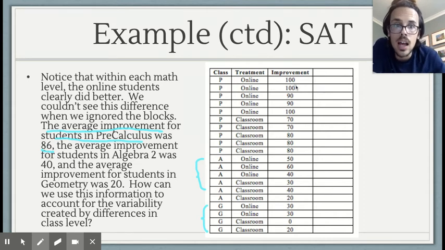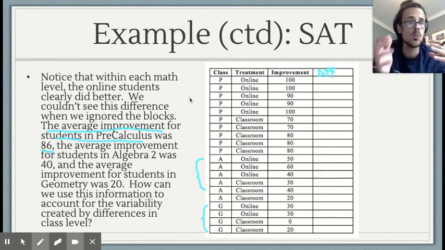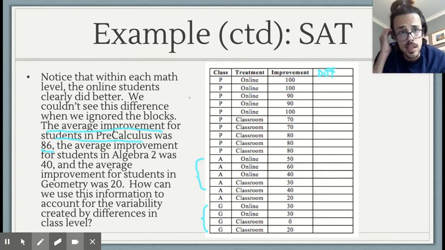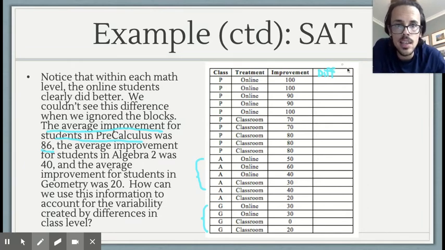What we do a lot in statistics is we analyze the difference after you account for things. We do a lot with differences in statistics. So in this context, I'm going to take each of my pre-calc kids and subtract 86 points right here.